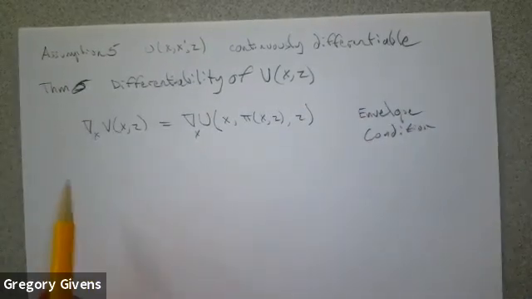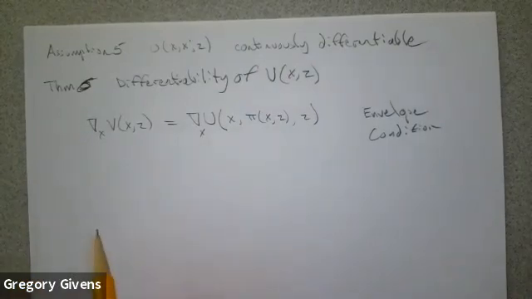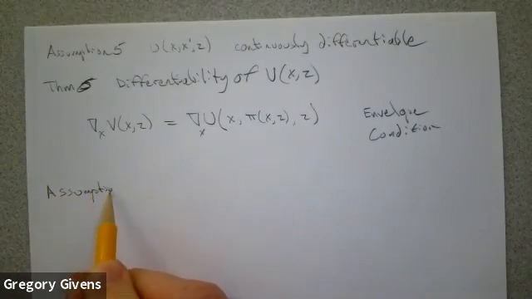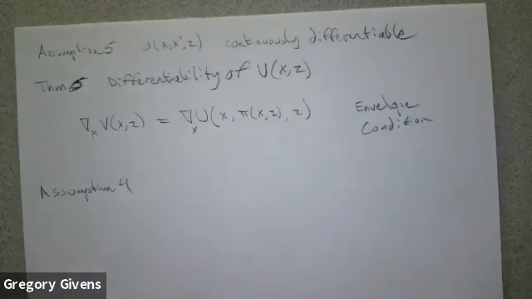Now, without trying to confuse you even more, let me go back, because I think I forgot assumption 4. We talked about the differentiability of the utility function, but what about the monotonicity of the utility function?